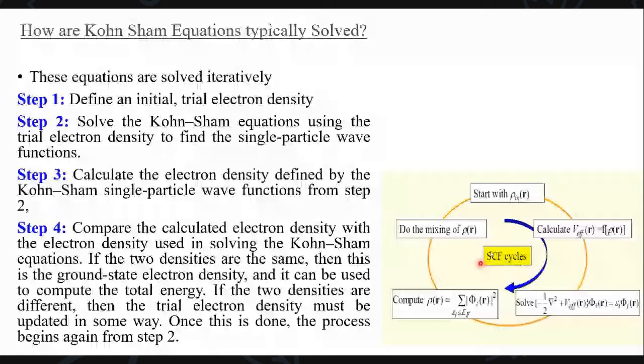So this iteration continues until the input electron density and output electron density are the same. Once we get the same electron density for the input and the output, then we say that this is the ground state electron density.